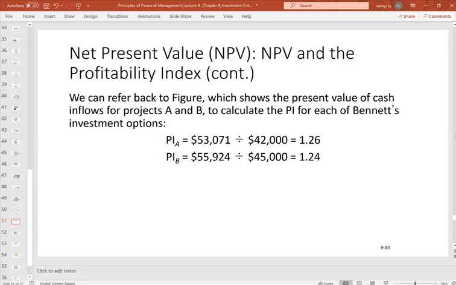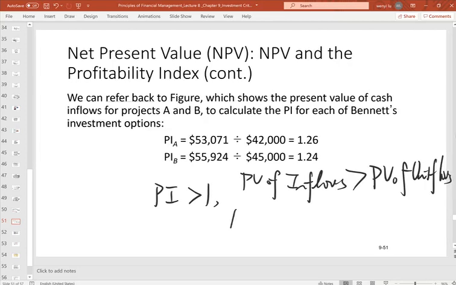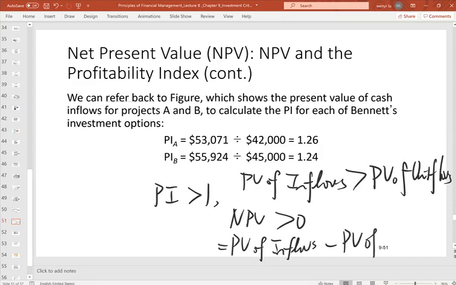And be careful: if the PI is more than 1, what does that mean? It means the PV of inflows is more than the PV of outflows. So that means the NPV is positive, because NPV is equal to the PV of inflows minus the PV of outflows.